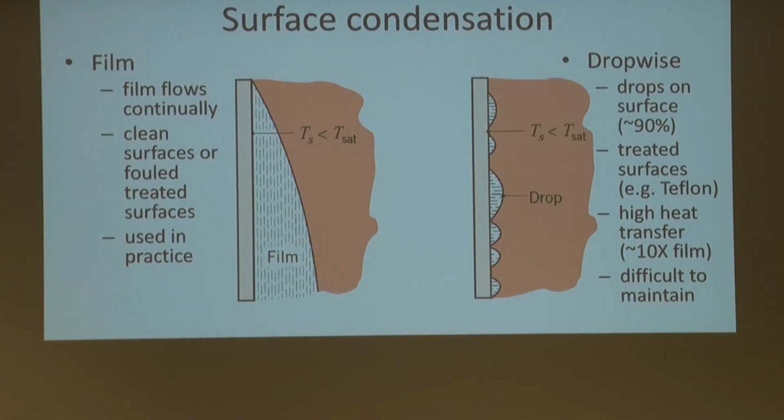So the droplets don't coalesce, they roll off, and in this case, you have a much enhanced heat transfer coefficient because you're in direct contact with the surface. For the same amount of condensation, more of this heat goes on the surface when it's dropwise than when it is film, right? It's about 10 times more.